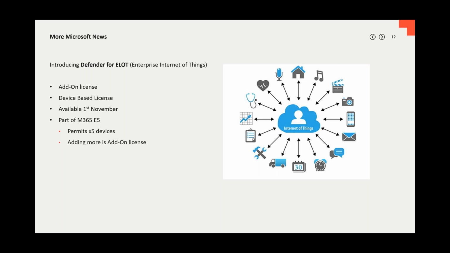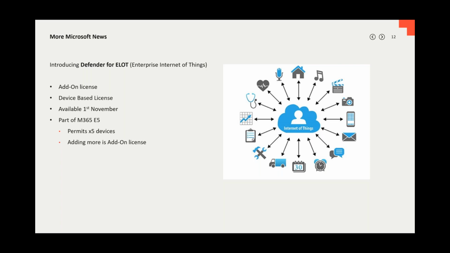It's a device-based license, so it's worth noting that bit of a conflict there with the traditional M365 E3 and E5 license. And by the way, enterprise basically means anything in the context of business operations.